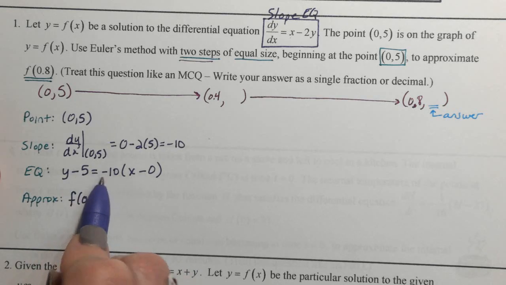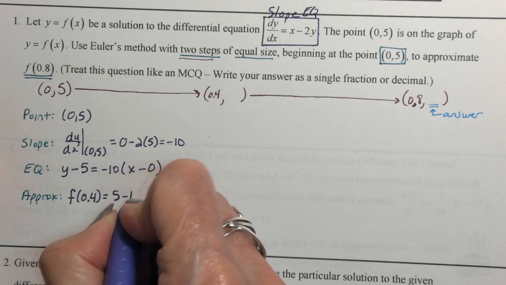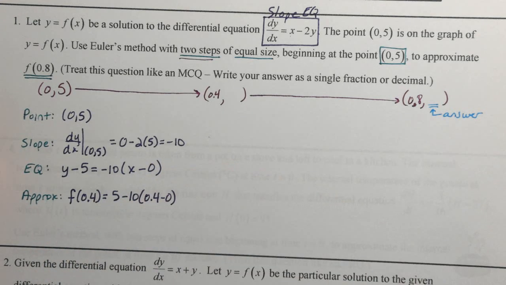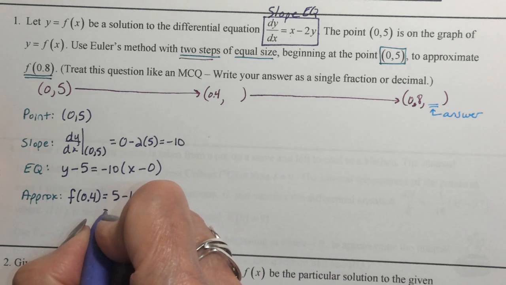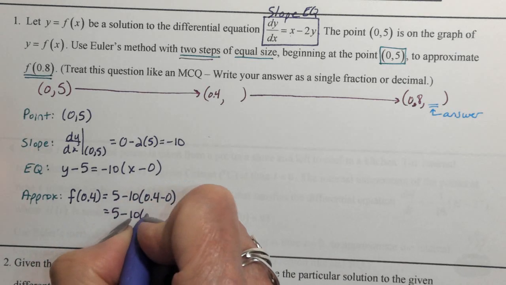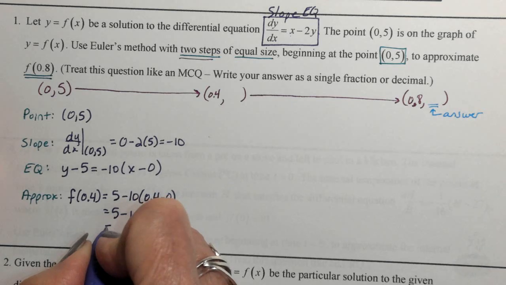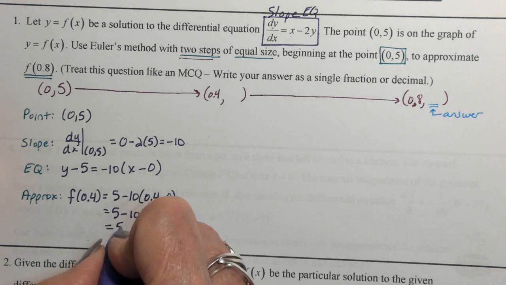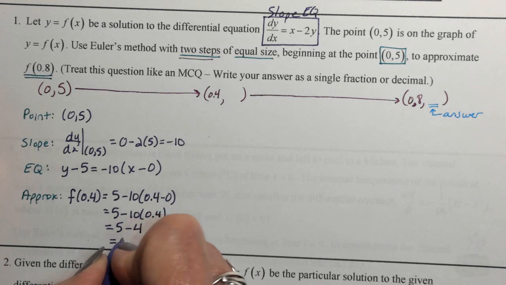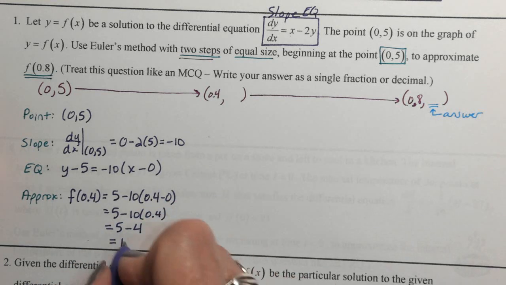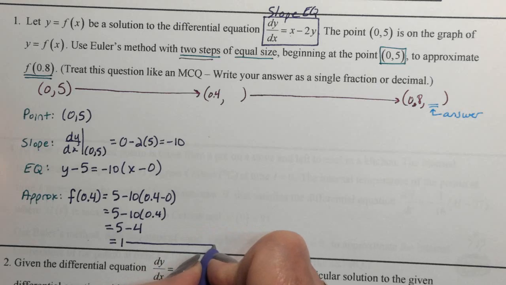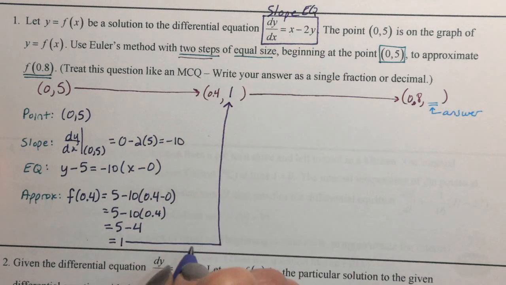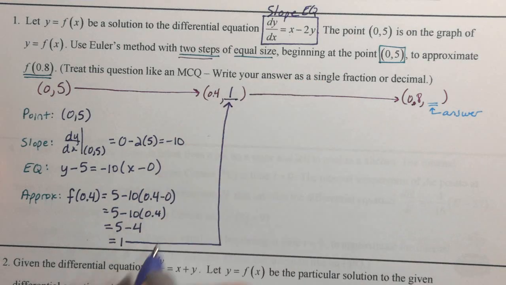So I'm going to add 5 to the other side and put 0.4 in for x. This is going to give us 5 minus 10 times 0.4. 10 times 0.4 moves the decimal point over once, and we get 5 minus 4, which is 1. So we found our first y value, 1.